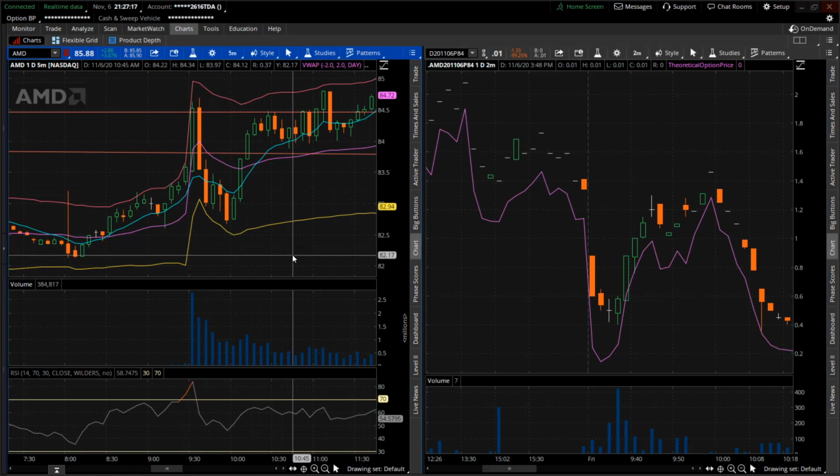So right off the bat, AMD opens on the 5-minute. Keep in mind this is the 5-minute chart. We open here and get a strong push to the top side. Now I'm letting the first 5 minutes go by, as I would if it was the 2-minute, I would let the first 2 minutes go by.